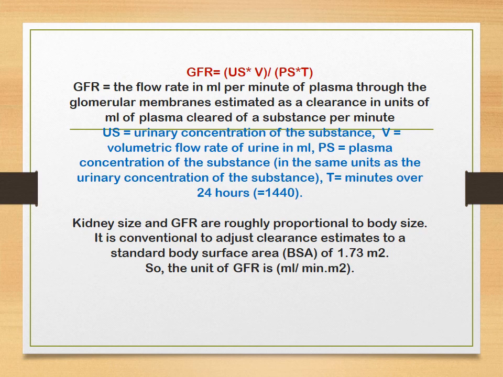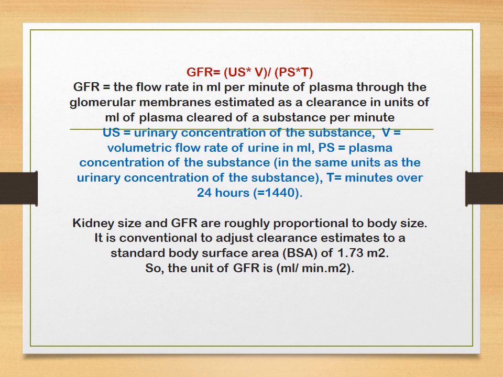So GFR, glomerular filtration rate, is the best biochemical marker for evaluation of kidney function. It is better than serum creatinine and serum urea. There are two forms of GFR. Measured GFR needs the urine level of a substance, the volume of urine over 24 hours, and the plasma concentration of the substance.